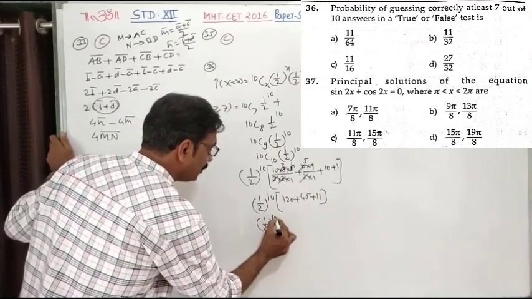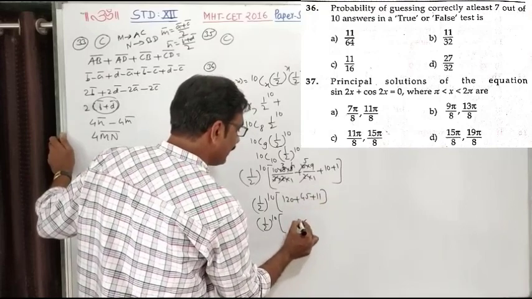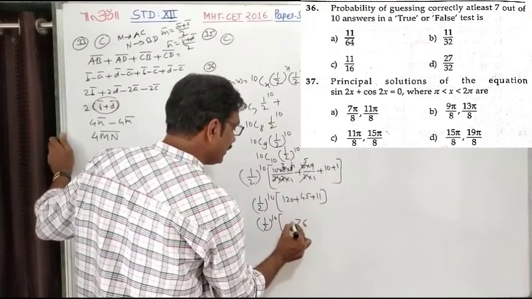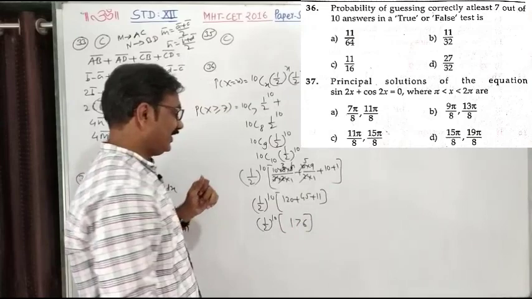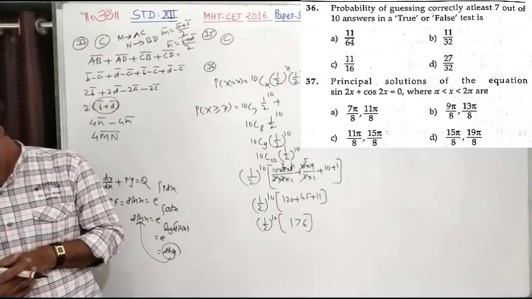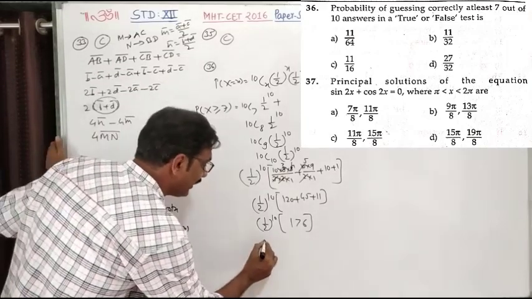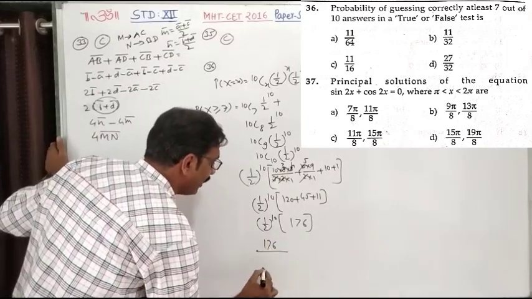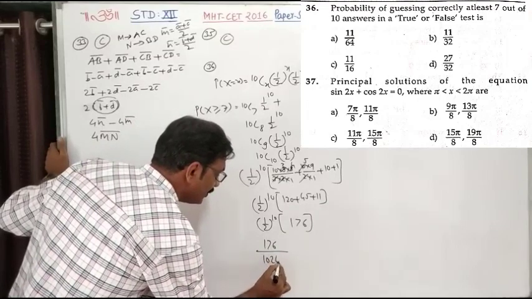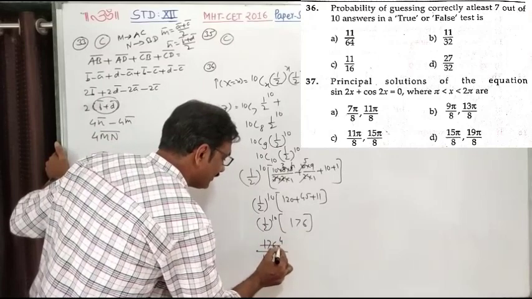So 1 by 2 raised to 10, 5 plus 1 is 6, 4 and 1 is 5, and 2 is 7. So it is 176 upon 1024. Is it given? Oh, you have to simplify this. No problem, we will do it. Just divide by 4. 4 4s are 16.